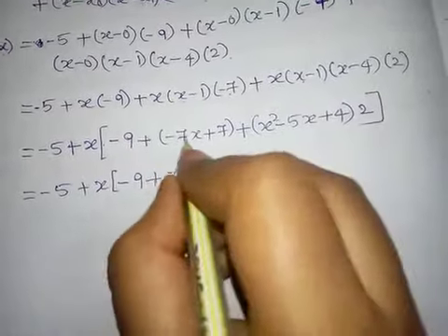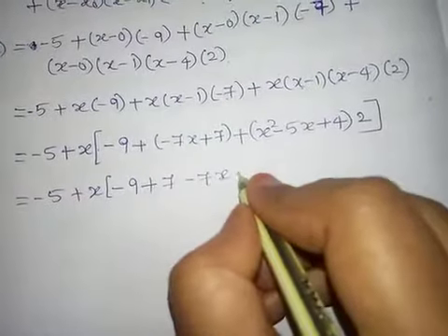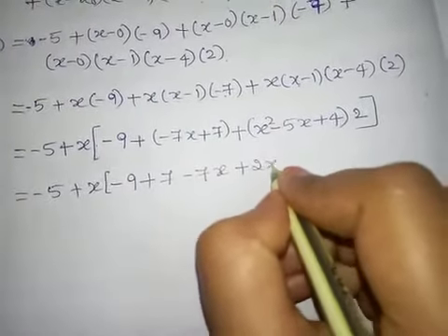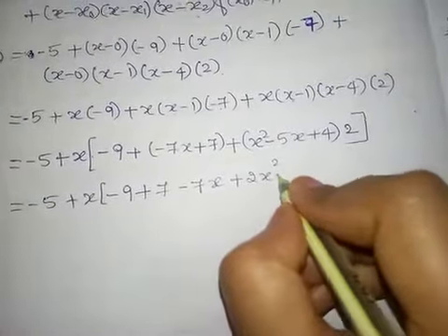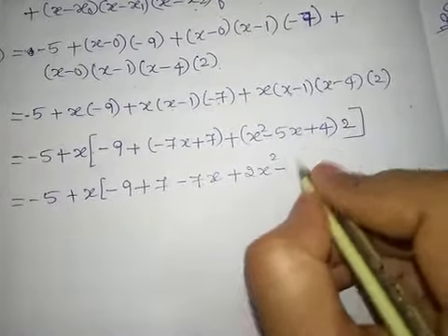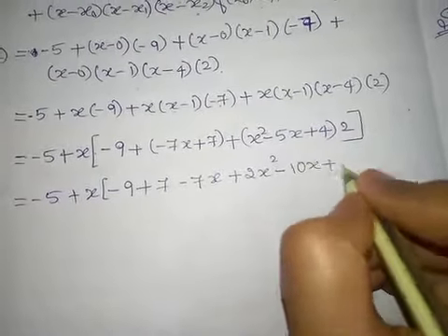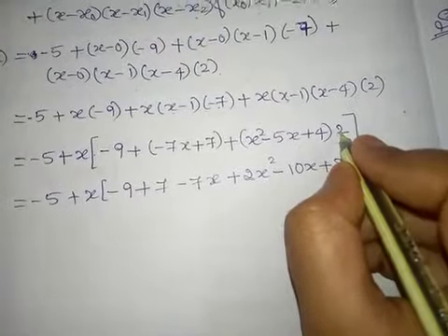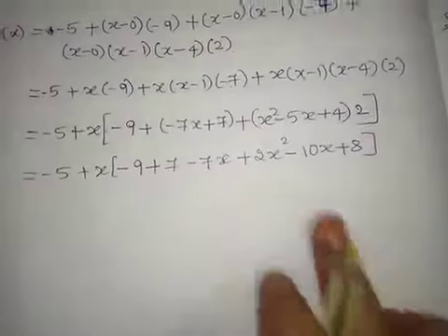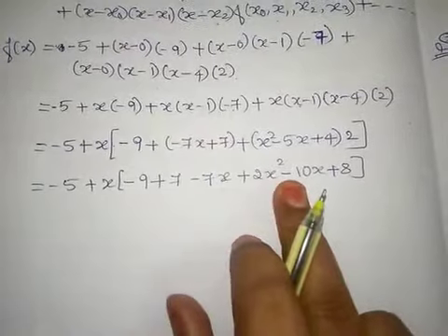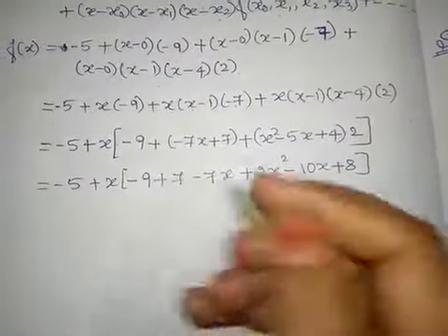I have written this one first, then this one, then plus 2x square minus 10x plus 8. I have multiplied this 2 to this bracket. It will be 2x square minus 10x plus 8.